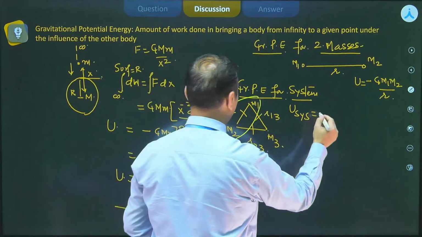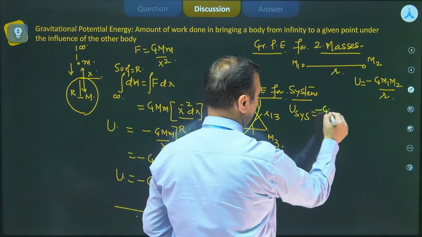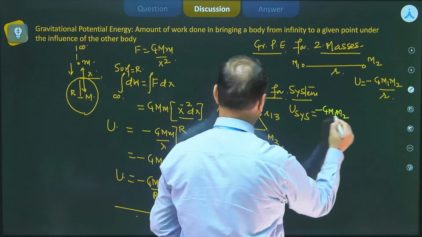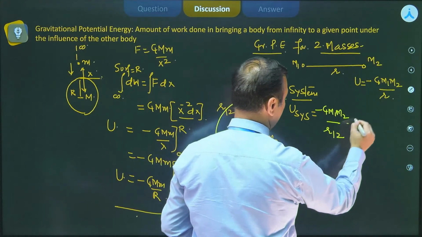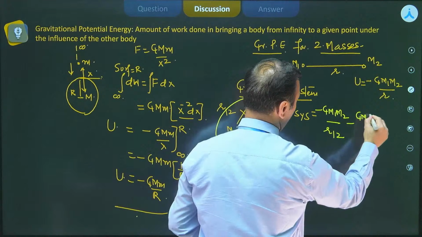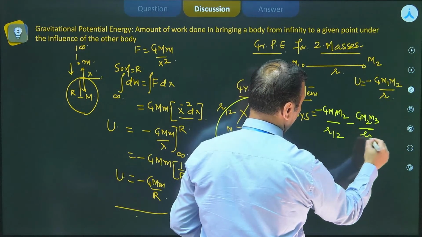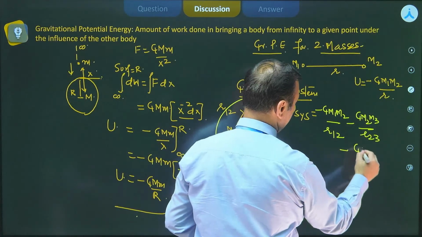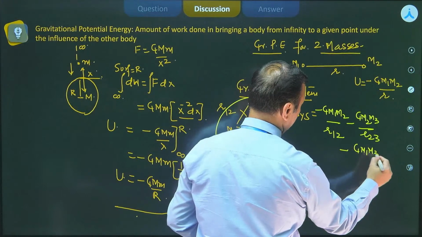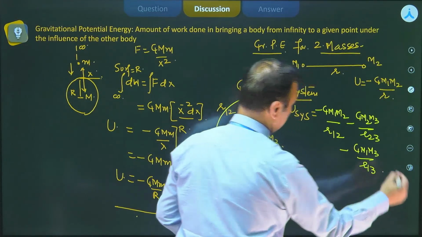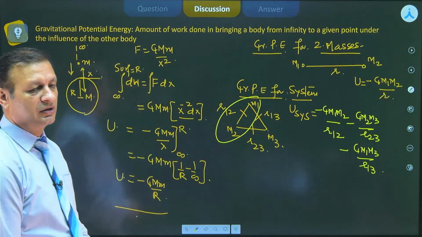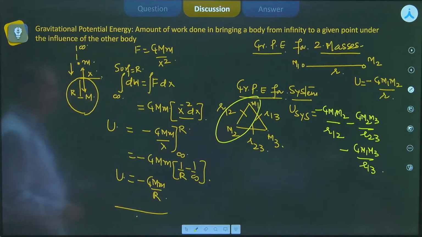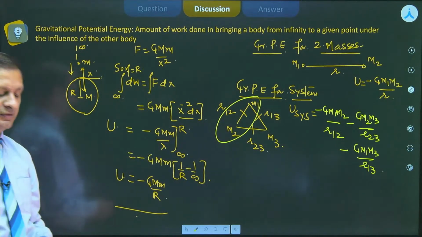The first pair gives minus G M1 M2 by R12, the second pair is minus G M2 M3 by R23, and the third pair is minus G M1 M3 by R13, and that defines the gravitational potential energy for the system. Got it?